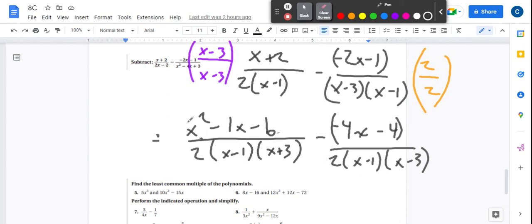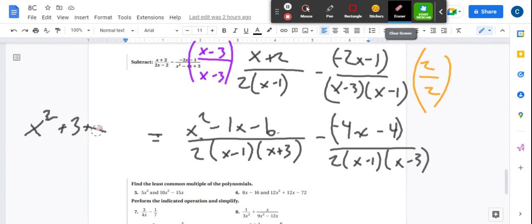So x squared stays. Then we have negative 1x minus negative 4x, so that'll be plus 3x, because negative 1 minus negative 4 is negative 1 plus 4. So we have x squared plus 3x, and then we have negative 6 minus negative 4. So negative 6 plus 4 is negative 2.